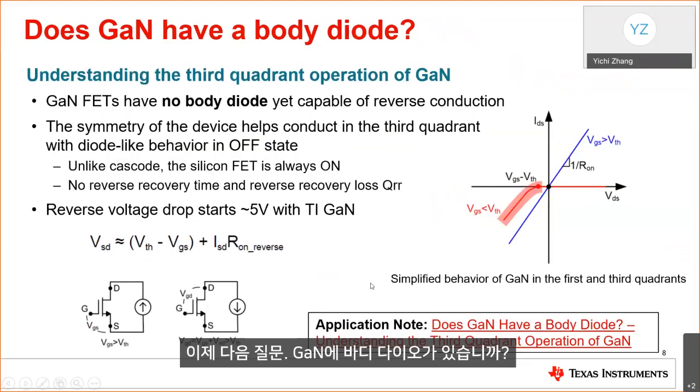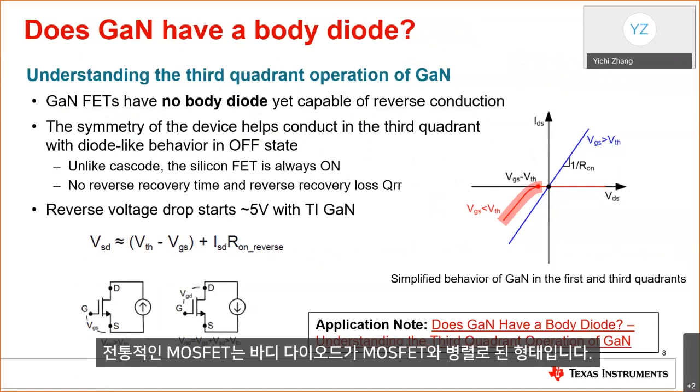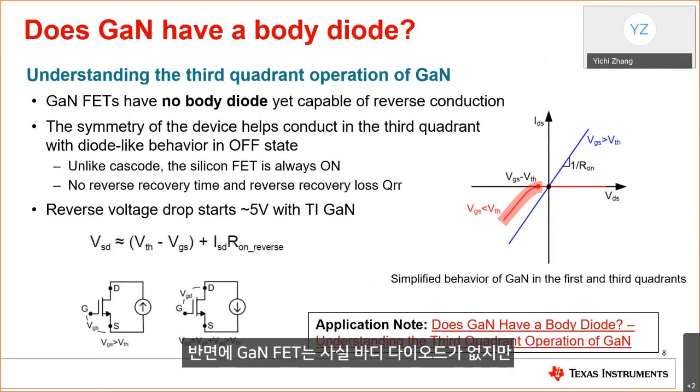Now, the next question is, does GaN have a body diode? GaN has a different structure than a traditional MOSFET. A traditional MOSFET has a body diode that's in parallel with the MOSFET, but a GaN FET actually doesn't have a body diode. However, it's capable of reverse conduction even without the body diode.